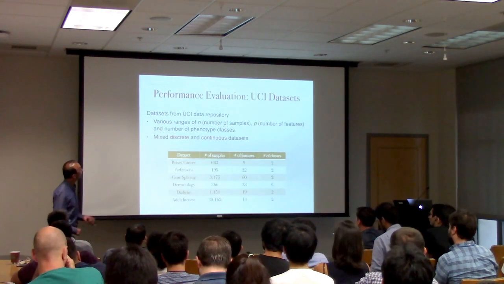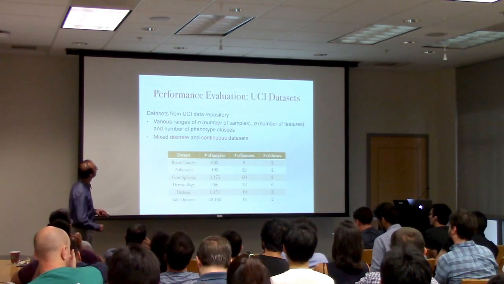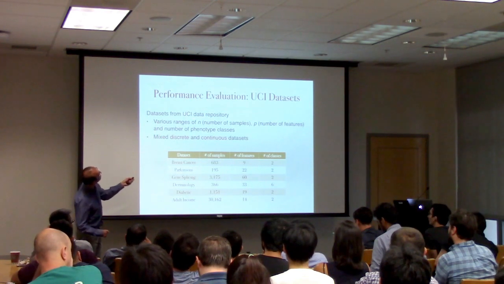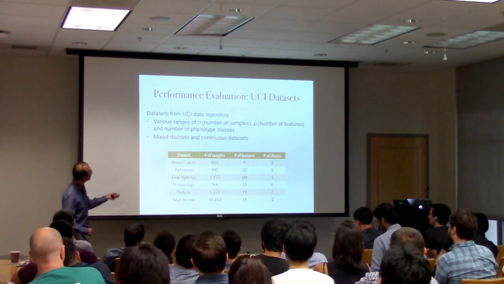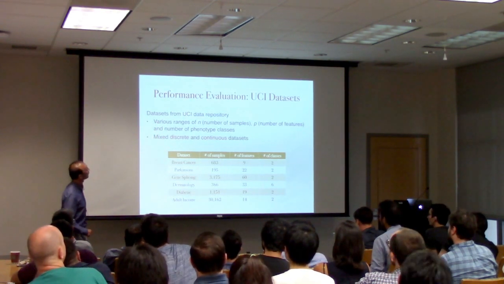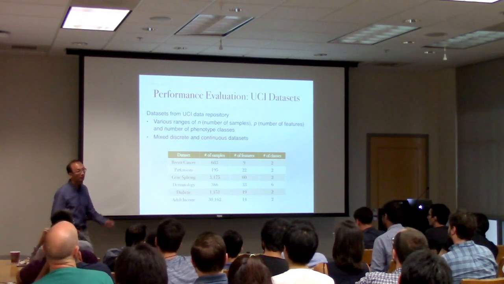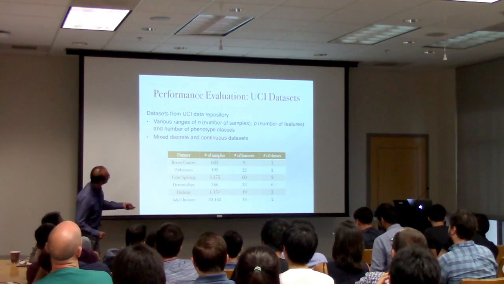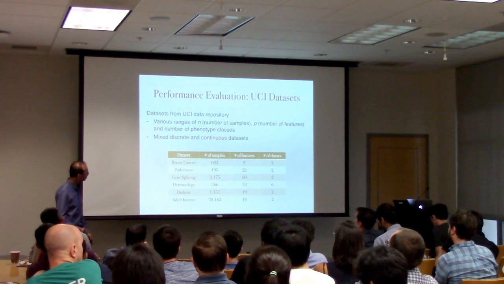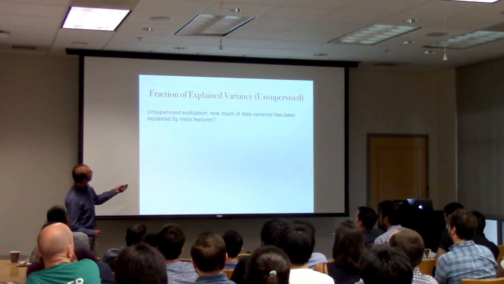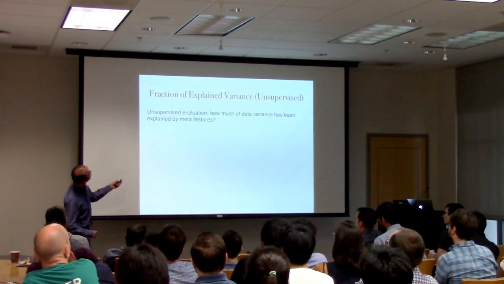Okay, so I'll give two evaluations. One is on the UCI data sets. We picked out a bunch of data sets, and we've done some experiments with MCPCA on these data sets. Okay? So first, the unsupervised demonstration.